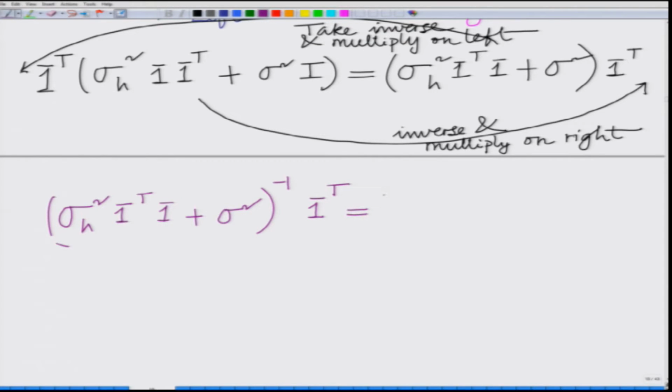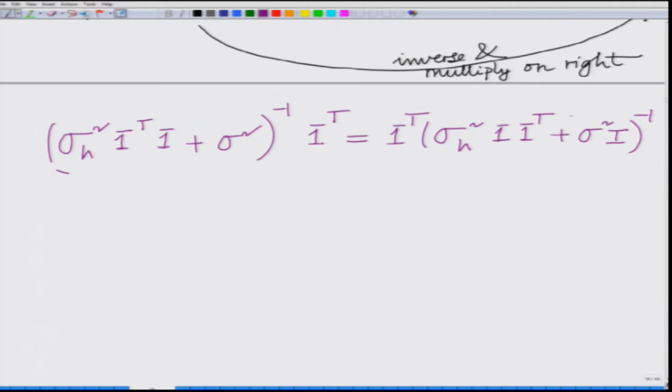This is equal to 1 bar transpose into sigma h square 1 bar 1 bar transpose plus sigma square identity inverse. Now, I am going to multiply both sides by the scalar quantity sigma h square.